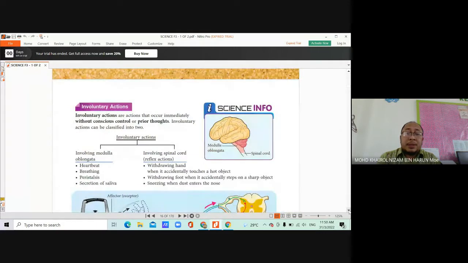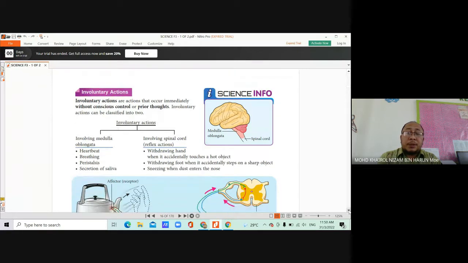Involuntary action is divided into two. You can see that it involves the medulla oblongata and also the spinal cord. Involving the spinal cord, we call it a reflex action. Any involuntary action, for example heartbeat, we cannot control.